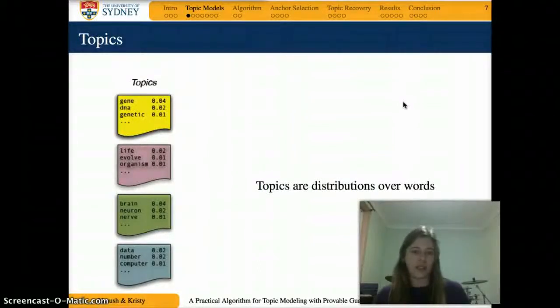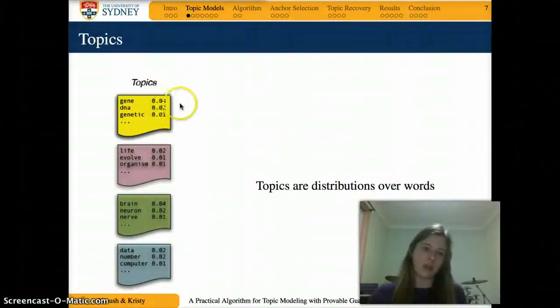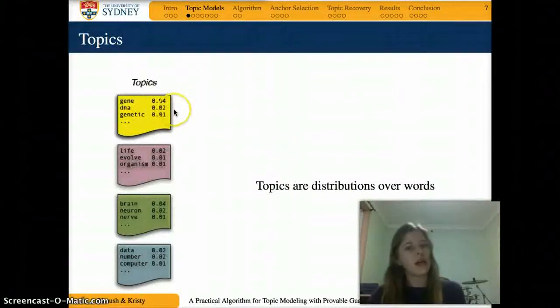So basically they grab a bunch of documents about this one topic, and they see how often this word appears. For example, in this yellow topic, we've got the word gene appearing 4% of the time, DNA representing 2%. So they're actually quite large percentages when you think of just how many different words there are in the English language.